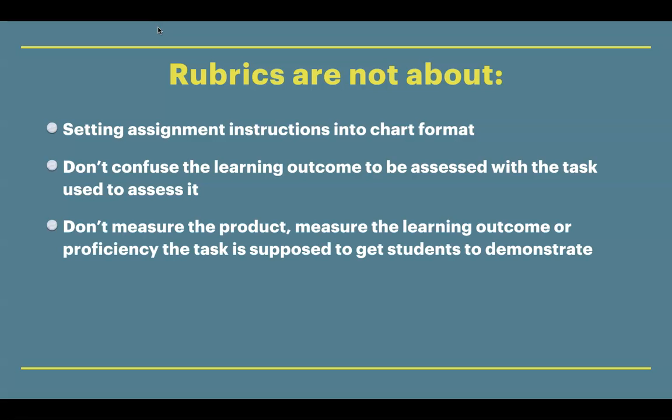Don't measure the product. That's not what a rubric is about. We're trying to measure the learning outcome, or proficiency, that the assignment is supposed to get students to demonstrate.